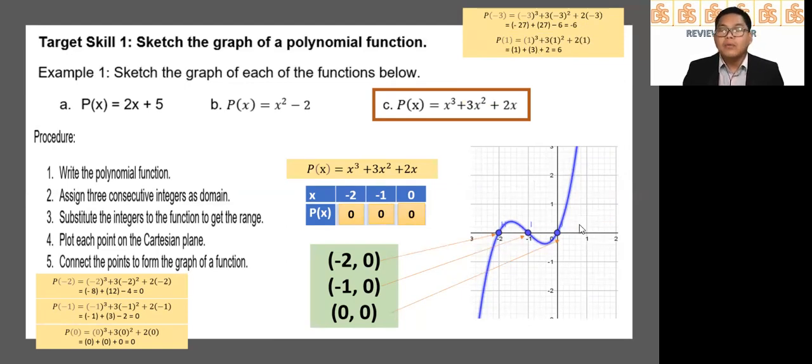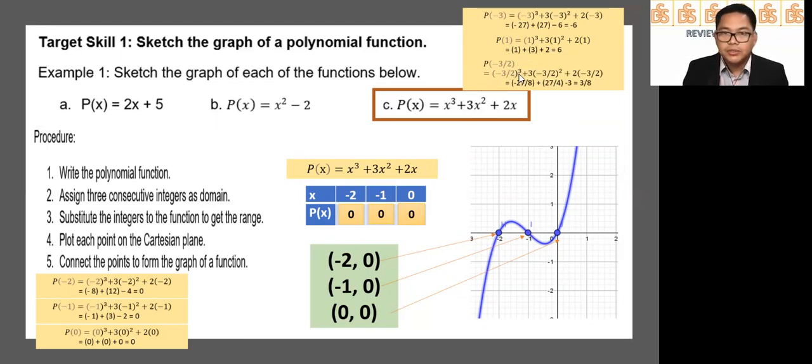Okay? Now, how about in between negative 1 and negative 2? Okay? So I may try negative 1.5. But negative 1.5 is hard to substitute into this equation. So instead of negative 1.5, I will be using negative 3 over 2.